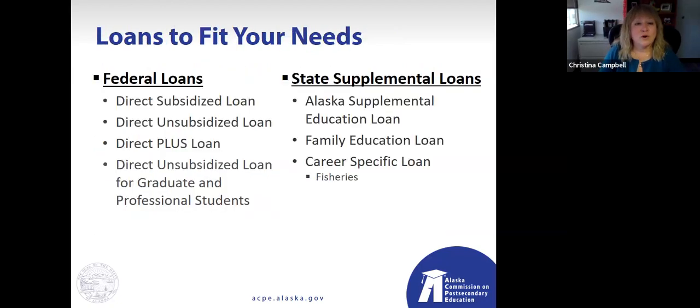We talked about work study, loans. The bottom line with loans is there are federal loans, there are state loans, and there are private loans. It's always in the student's best interest to go with federal and state loans first in that order because of the lower interest rates, because of possible forgiveness if it's offered, and because of deferment and forbearance arrangements should the student run into hard times.